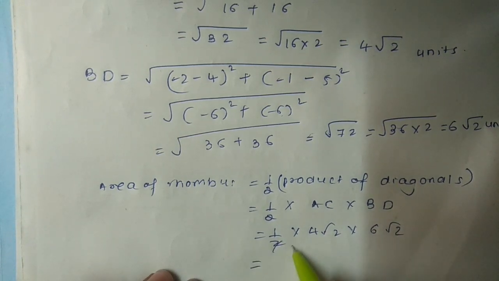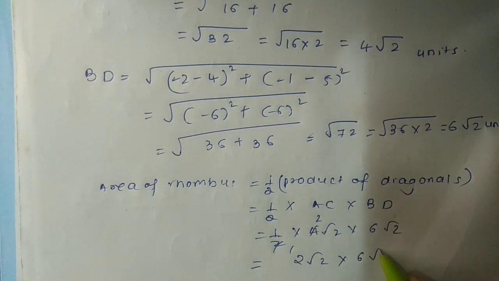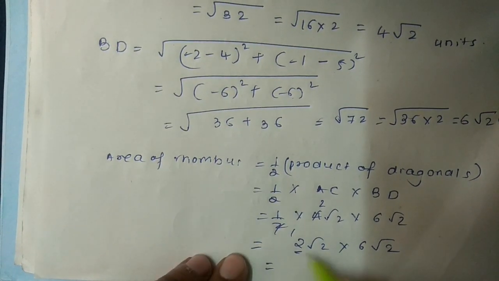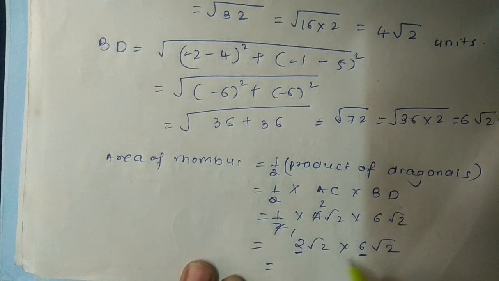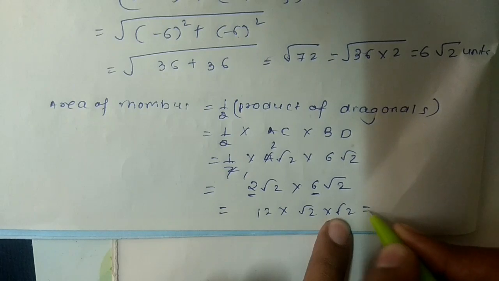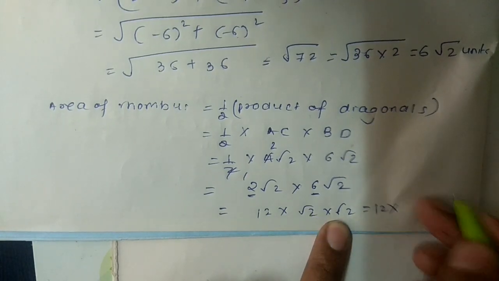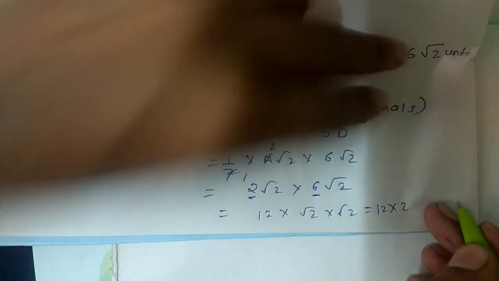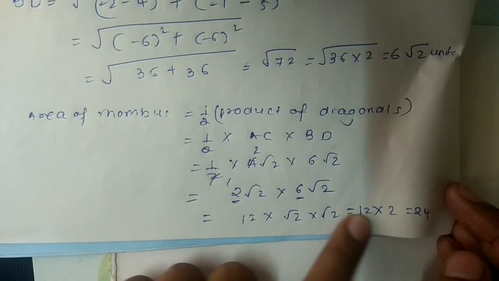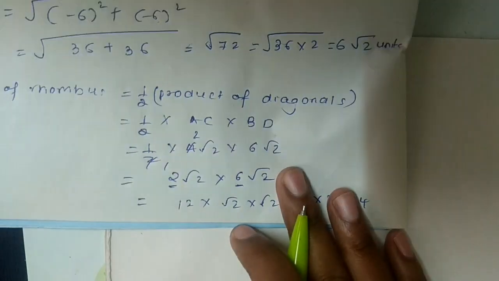Here the 2s cancel, so 1 into 2 root 2 into 6 root 2. Now we can multiply these two: 6 twos are 12, into root 2 into root 2, and root 2 into root 2 is 2. So the area of the rhombus is 24, and area is measured in square units.